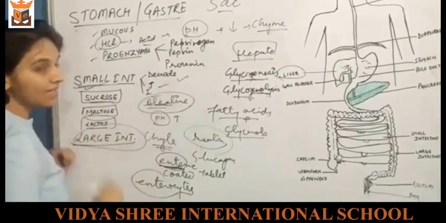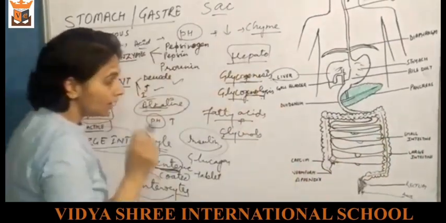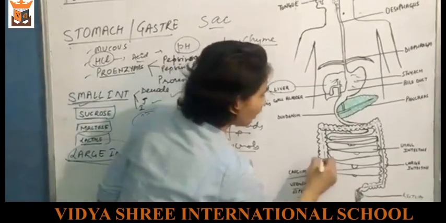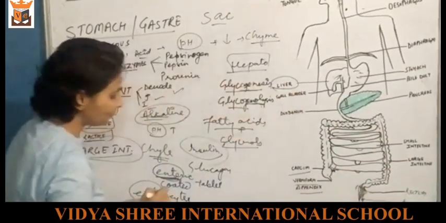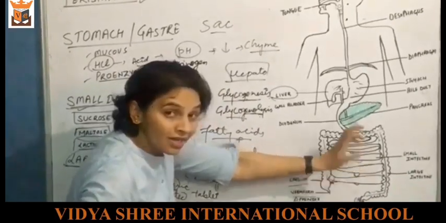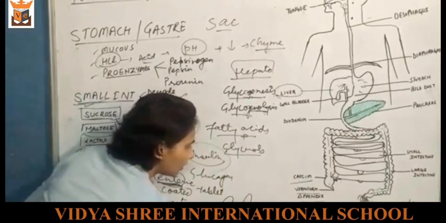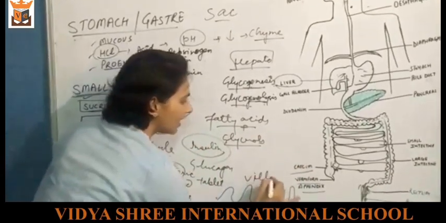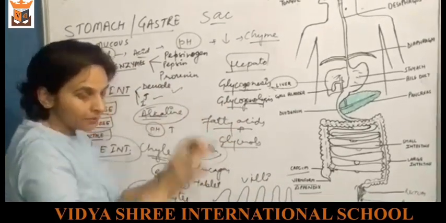Then the large intestine. This is the large intestine. It has the vermiform appendix, cecum, colon, rectum, anus. In the small intestine, food was being absorbed because of finger-like projections called villi, which increase the surface area so that food can be absorbed.